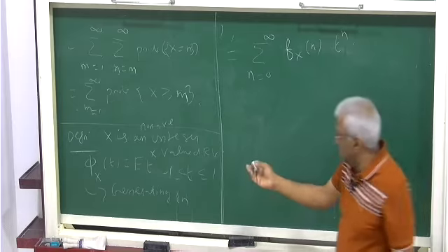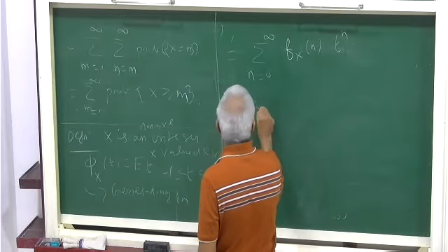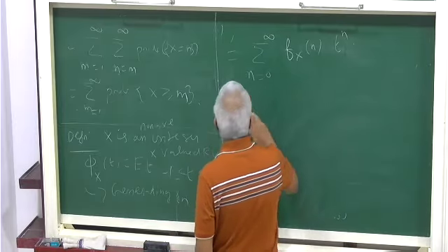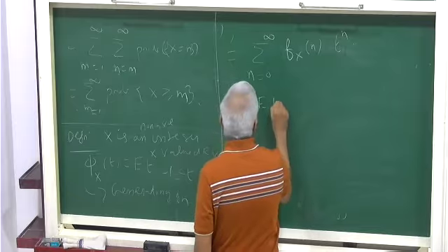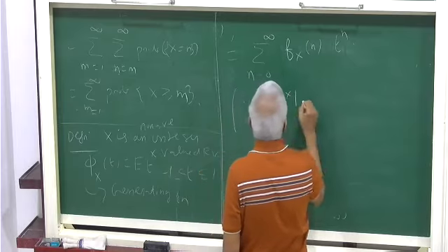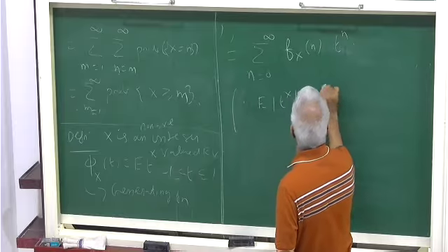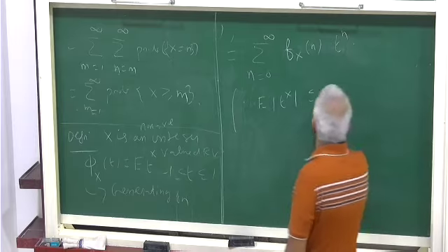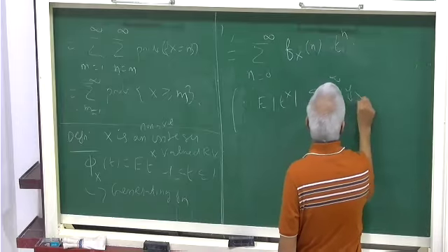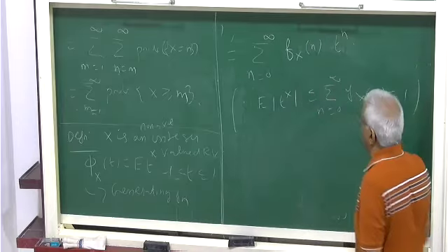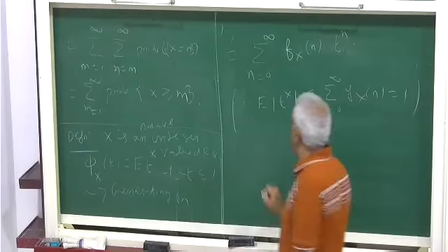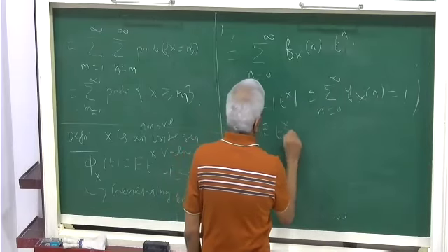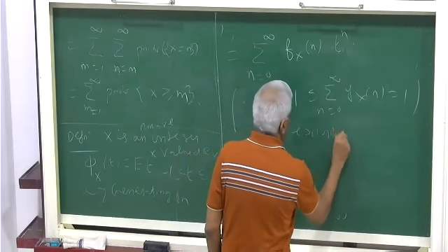And this series exists. E of mod t power x is less than or equal to summation, this is just less than or equal to 1, which is just summation n equal to 0 to infinity fx of n, and this is equal to 1. So E of t power x exists.